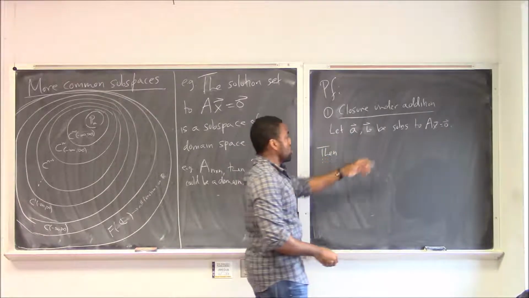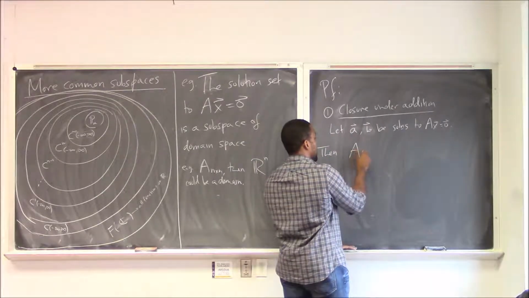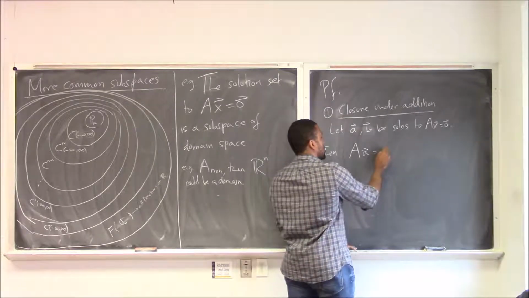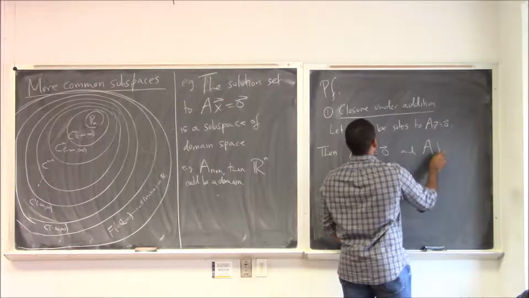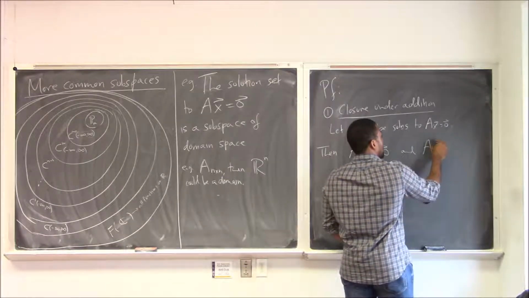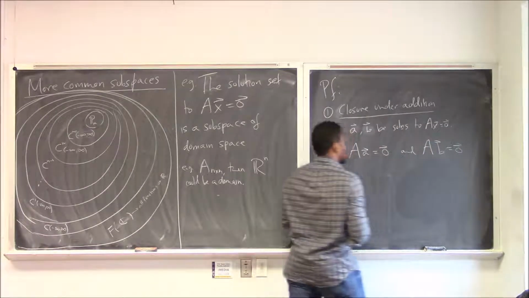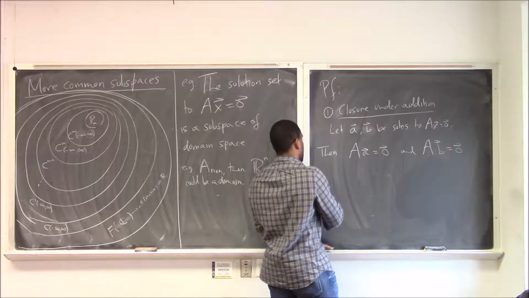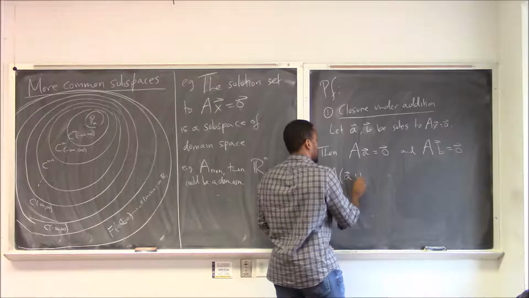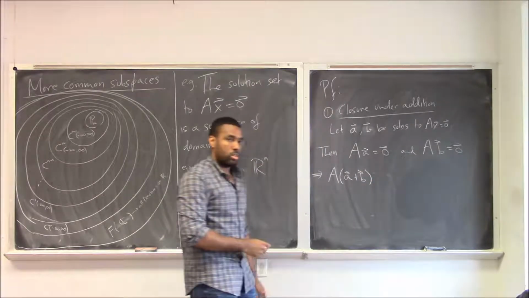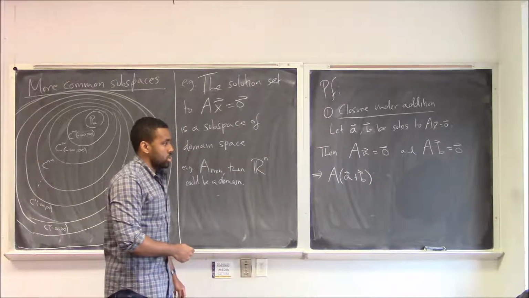So to assume these are solutions, that means if I take A and multiply by this vector, I get the zero vector. And if I take A and multiply by this vector, I get the zero vector. Which means, is the sum a solution? I know each individual is a solution.